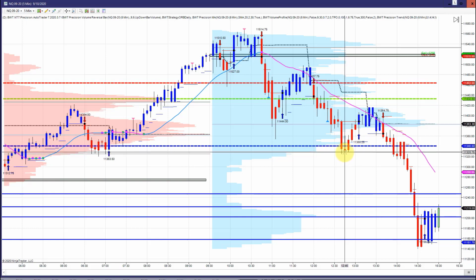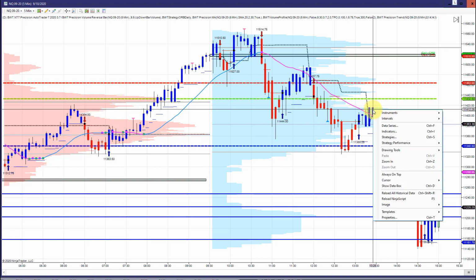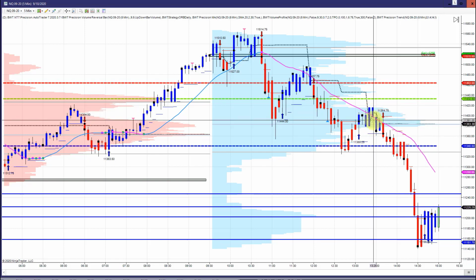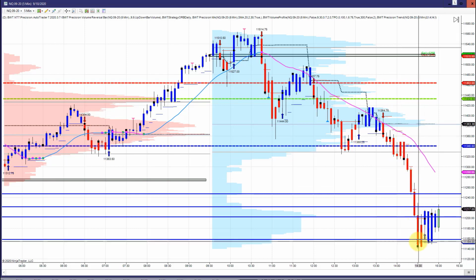And a low was made here within 10 minutes of that, and then back up here to the 1 o'clock bar, which is essentially right here because it's a 5-minute bar, so this bar closed at 1 o'clock and rolled over here. And then this consolidation here is 2 o'clock, and this low here is 2:30.